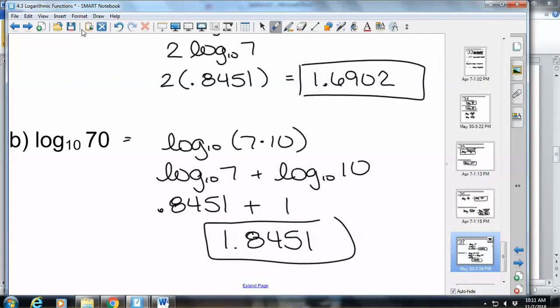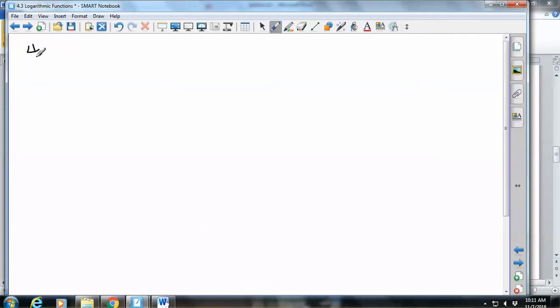So section 4.1 was talking about inverses. So make sure you can find an inverse.